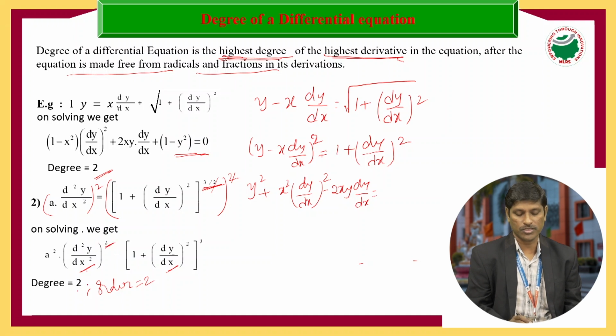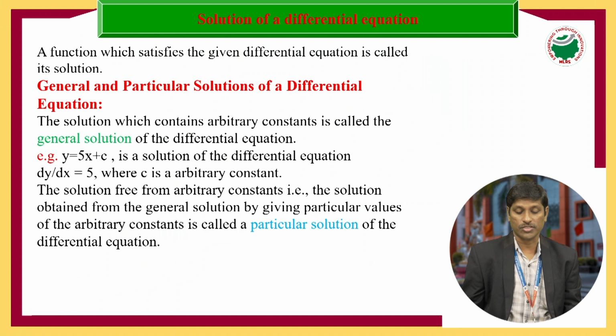So the degree is 2. Order is the highest derivative appearing in the equation, and degree is the highest power of the highest derivative. Okay, so this is about the degree of that particular differential equation.